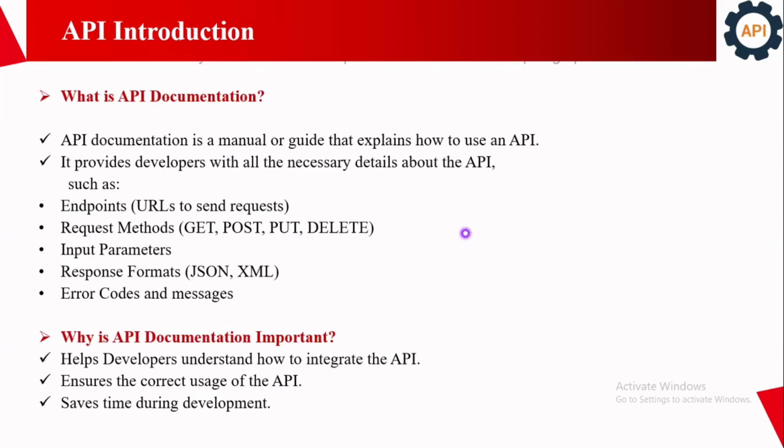Using that documentation, he can easily understand what that API developed by another person does. Simple. So whenever we develop any API, we have to create API documentation for it.